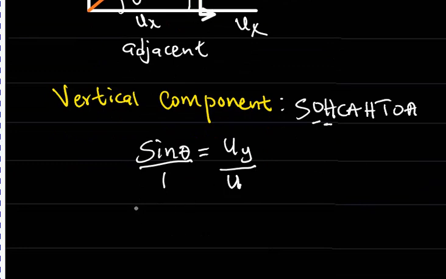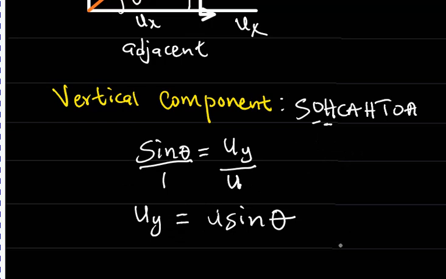Because u is the initial velocity. In some textbooks you're going to see something like v naught y. They use v0 to represent the initial velocity, but since I'm already using u, u would do. So uy, being the vertical component, if I cross multiply, gives me u sine theta.